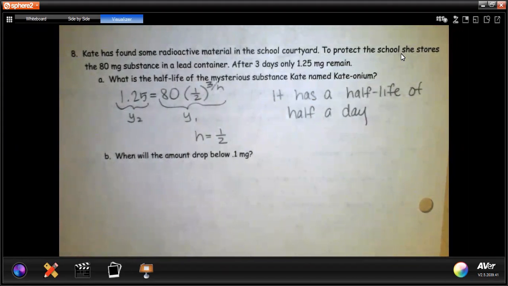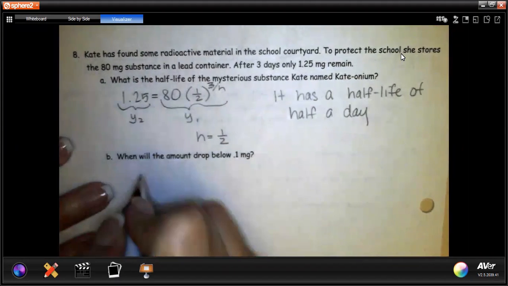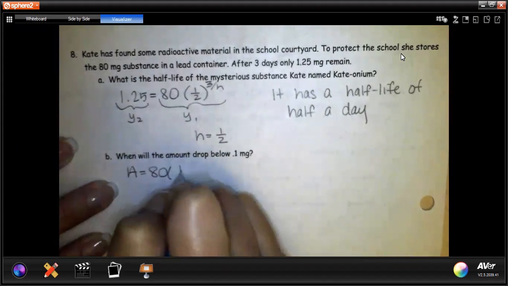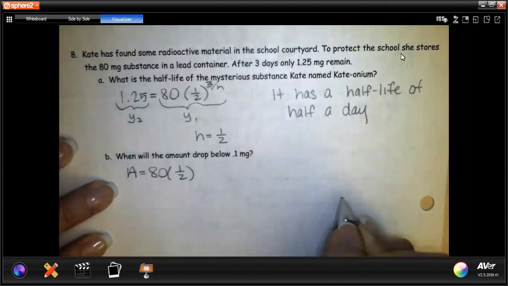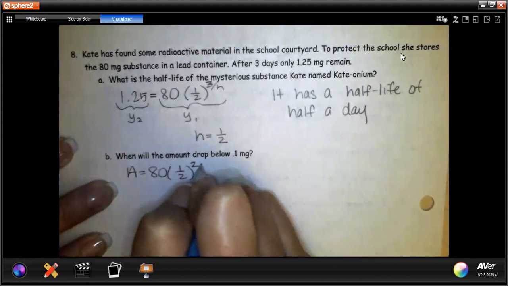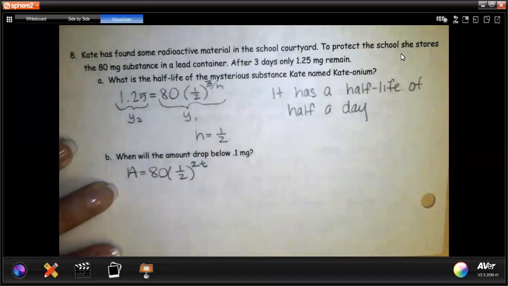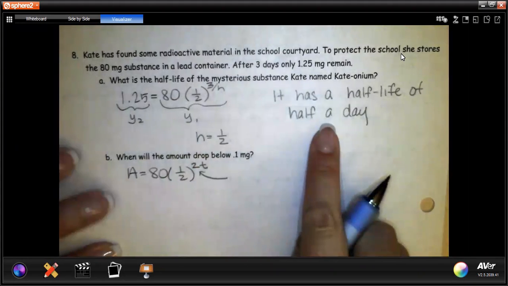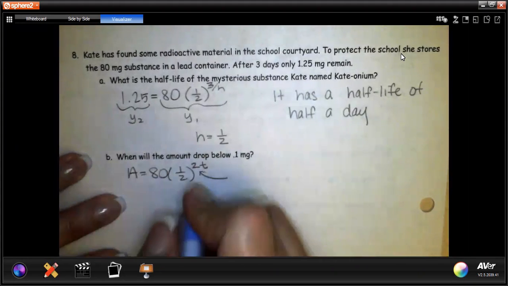So if we wrote this equation then for the half-life, our total amount would be equal to 80 times 1/2, which is the growth factor, and twice a day would be 2 times our t value. Because the half-life is half a day, it is happening twice in a day.